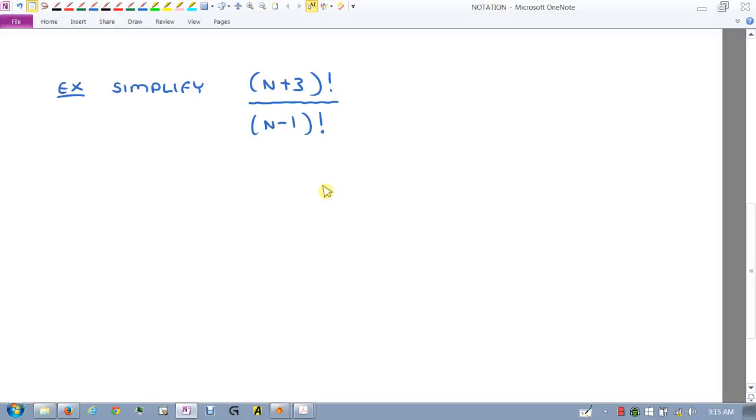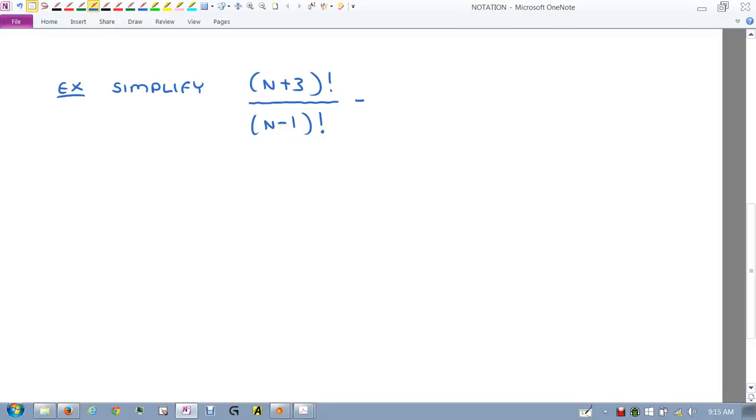So what is this? It simplifies according to what I'm saying here. Notice that the plus 3 is in parentheses and then the factorial symbol is behind it. So like if I plugged in n is 2 here, we would have 5 factorial over 1 factorial, right? Yes? So this operation of adding the 3 and subtracting the 1 would happen before you do the factorial.